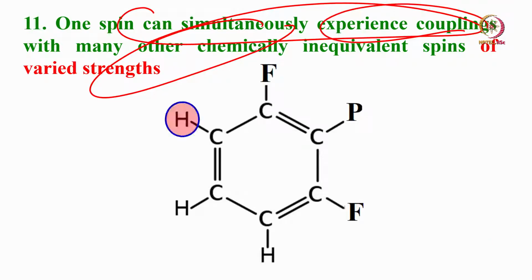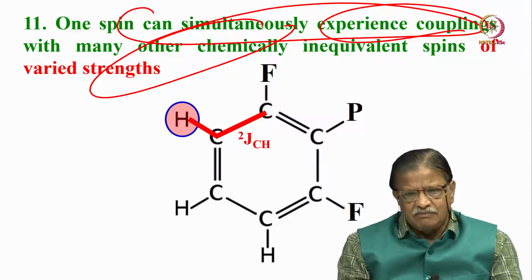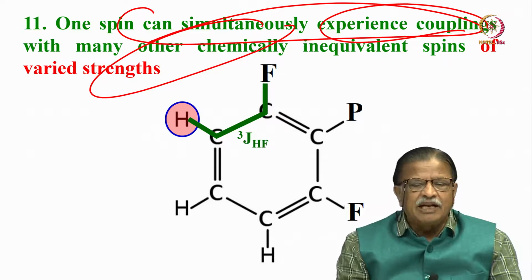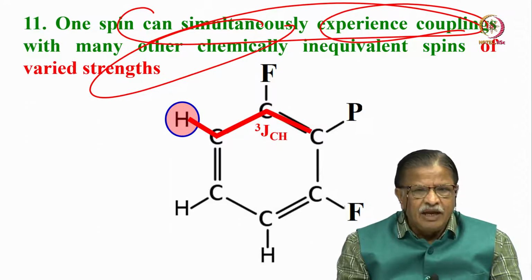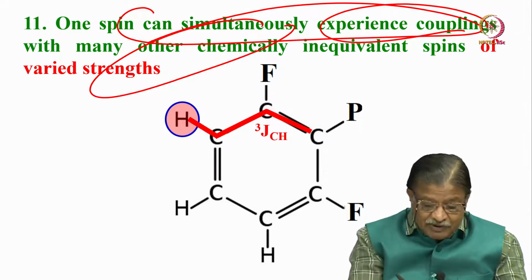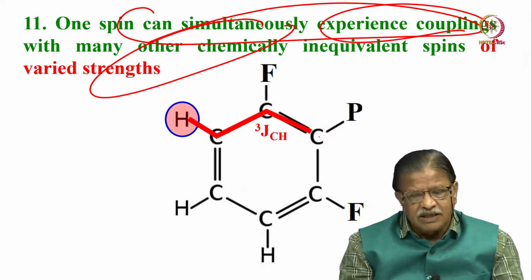Consider let us say the proton here, highlighted in red color. This proton can experience one bond coupling with this carbon, and one bond CH coupling is quite large. It can experience 2 bond CH coupling which is much smaller. It can experience 3 bond coupling with fluorine. It can experience 3 bond coupling with this carbon, this is much smaller.